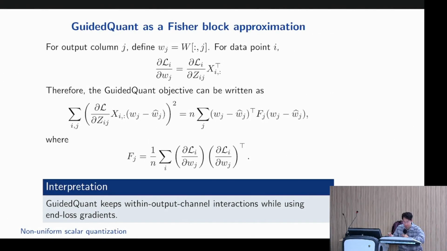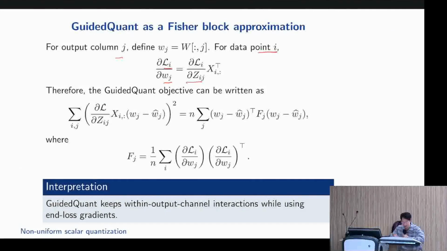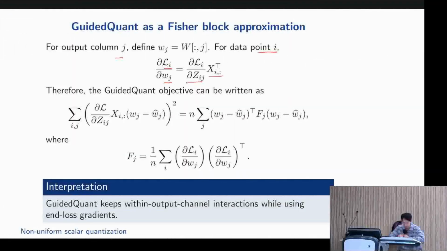So for output column j, given a single data point, the gradient with respect to W_j is going to be, by the way, z is the output activation, dL/dz times x_i transpose. And from the objective here, we can unpack this one bit over each dimension.